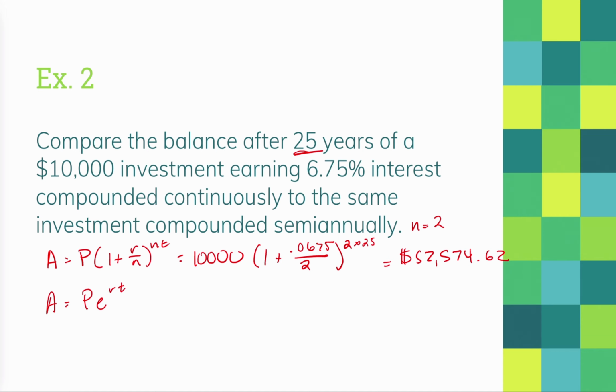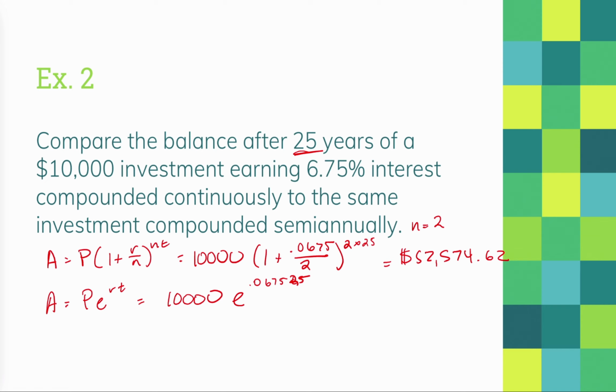Now, what about the continuously compounded interest? So now we have that same $10,000 principal. Instead of our 1 plus r over n, we're going to use e to the 0.0675 t. So 10,000 times e to the 0.0675 times 25. Our t here was 25.